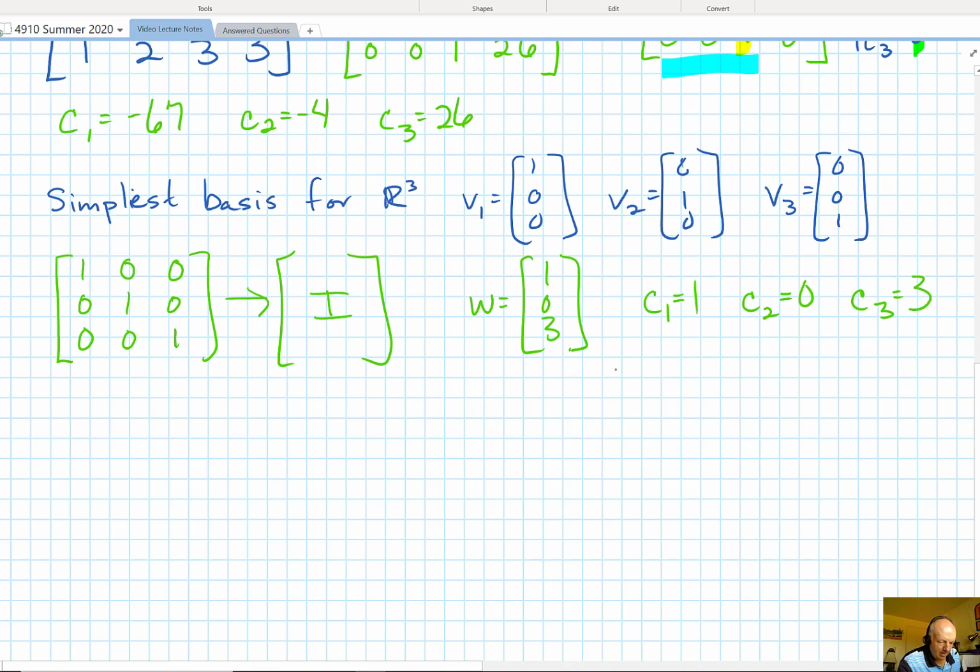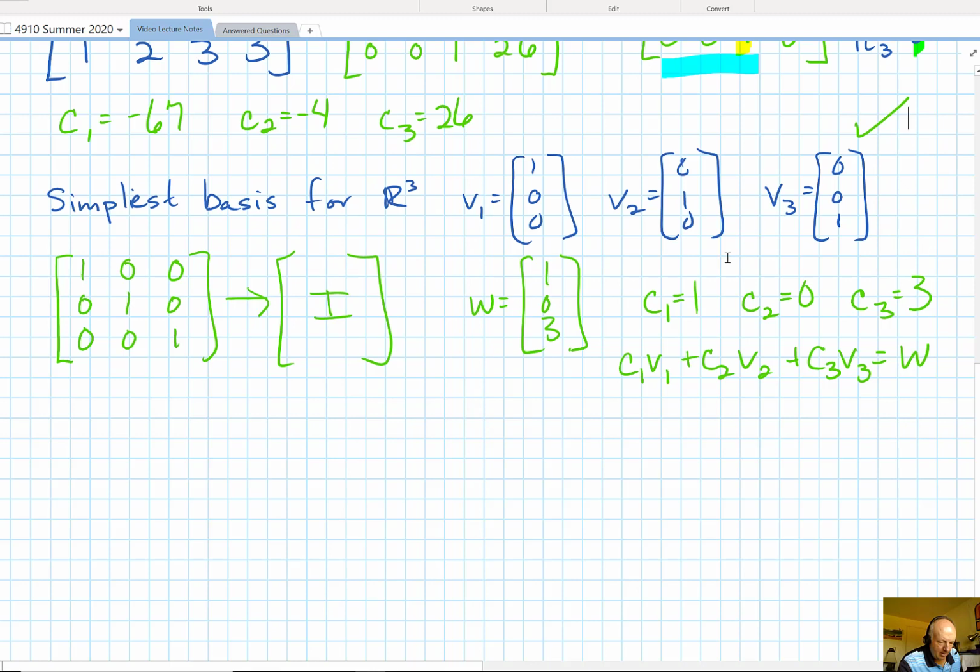Just check that out. C1 times V1 plus C2 times V2 plus C3 times V3 equals W. Okay, these are the standard unit vectors, right? So those are the ones that are simplest to use. I can obviously get to any place in R3 using those 3 V's.